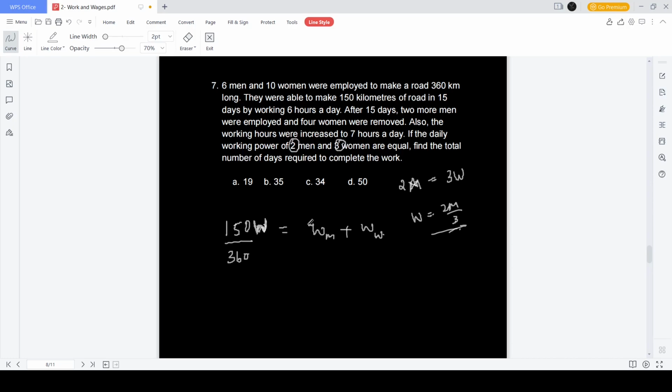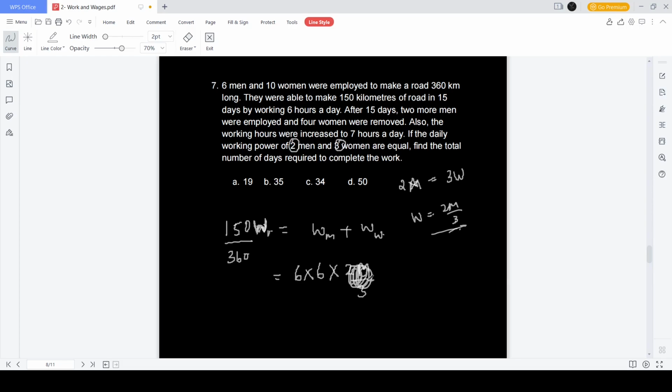So here we can write work that women did plus work that men did is equal to 150 times the work on the road divided by 360. 360 is the total length of the project. So this comes as the number of men in the beginning, which is 6 men, so 6 into the number of hours they worked, 6 hours a day, into the rate of work, that is 2 into m divided by 3.